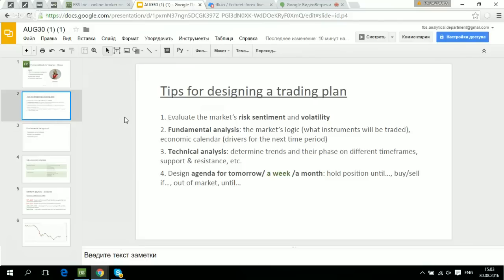Then we use technical analysis to determine the trends, the phases of these trends on different time frames to develop support and resistance levels, and design our agenda for the time period which we are interested in. I choose to act during a week. And then we design the so-called suggestions for the trade.